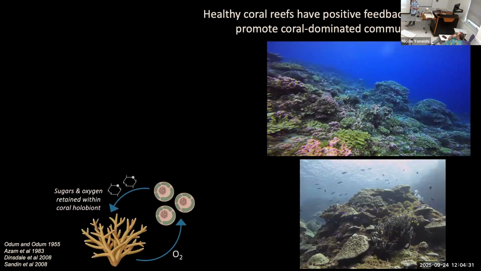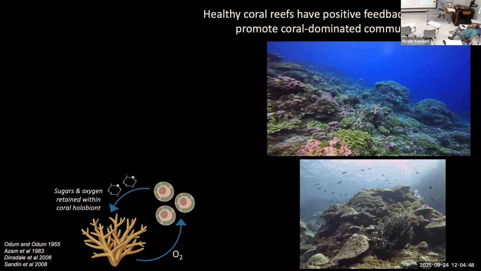That positive feedback loop starts at the base of the food web, where we have this really awesome tight partnership. One of the reasons why corals are better than mosquitoes is because we have this really tight partnership at the base of the food web between corals and their algae endosymbionts.